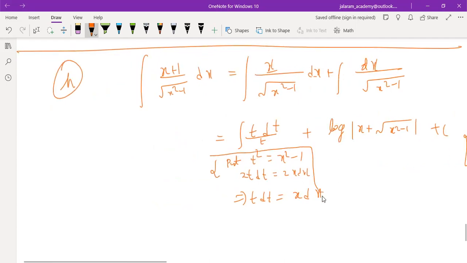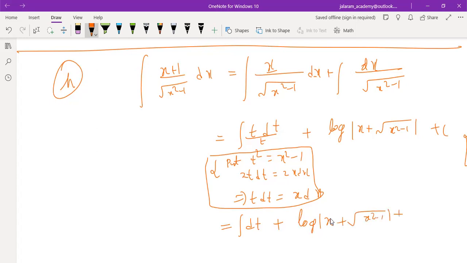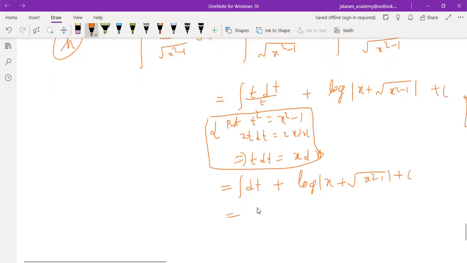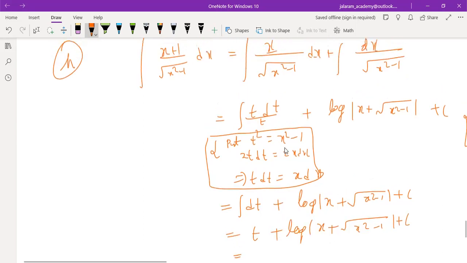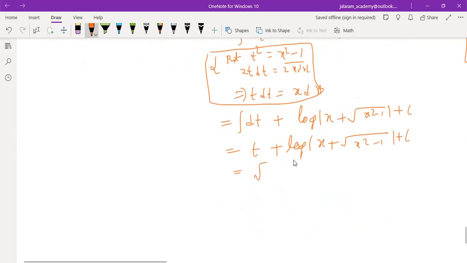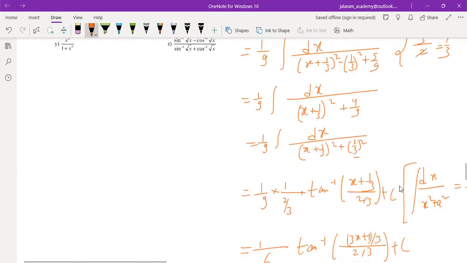In the first, t will cancel out, so it will give only dt, plus log modulus x plus root x square minus 1 plus c, that is t plus log modulus x plus root x square minus 1 plus c, and t is root x square minus 1. So the final answer is root x square minus 1 plus log modulus x plus root x square minus 1 plus c. Is that clear to you?